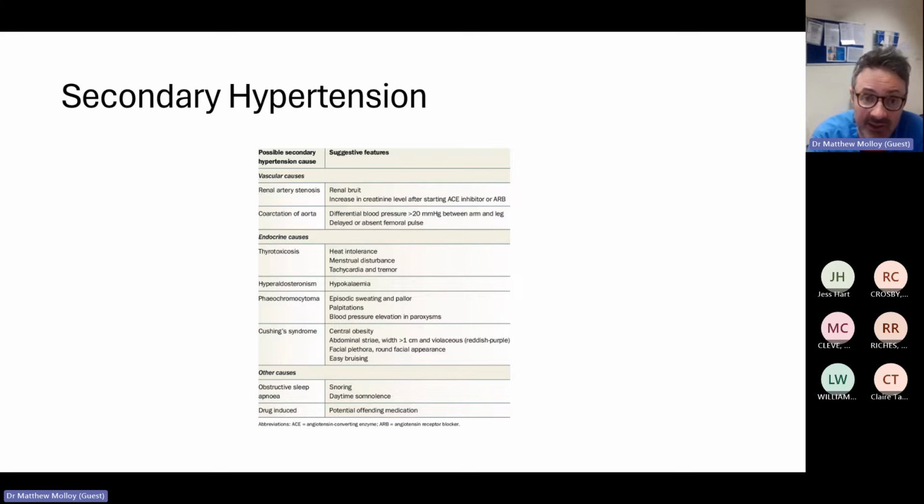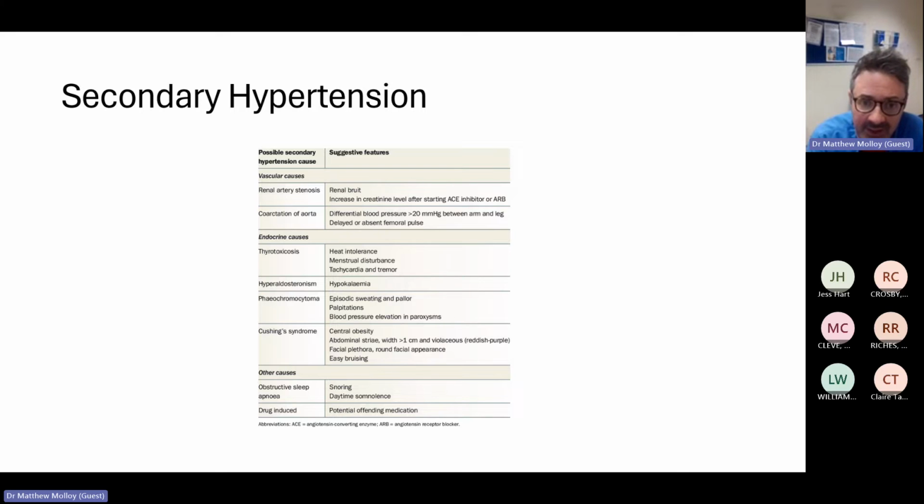But a hallmark of renal artery stenosis is if you start them on an ARB or an ACE inhibitor and you notice a significant creatinine increase, that is a warning sign that there might be renal artery stenosis. Endocrine causes, again, thyrotoxicosis. Hopefully you would have detected a raised thyroxine level in your workup bloods prior to them needing medication, but if not, recheck it.